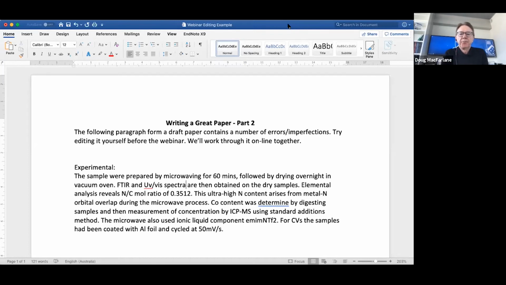Okay, so I think with something like this, you can work through it with three different hats on, three different kinds of editing. The first that I'm going to do is what I would call a grammar, spelling, general ambiguity check, so words that don't seem to make any sense.